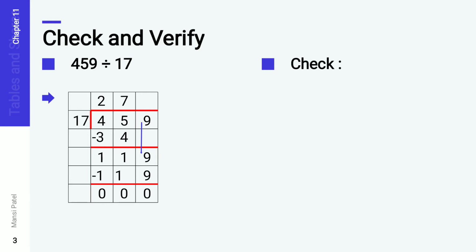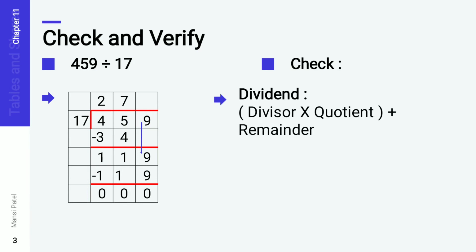Check. So what is the formula for checking the answer of your division? If we want to find out the dividend, then we just do the multiplication of divisor multiplied by quotient, and in that multiplication we have to add the remainder.